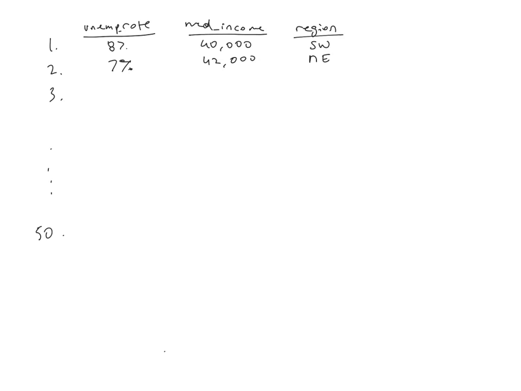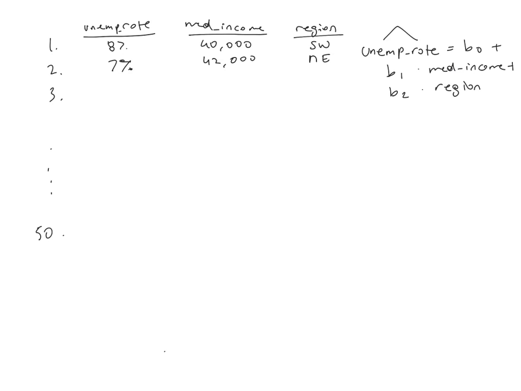I fit a model where I try to figure out the predicted unemployment rate, based on an intercept I will calculate, plus the first slope times the median income, plus the second slope times region. My model will look something like this. Obviously, there are actually going to be many other slopes estimated because region is a categorical variable.